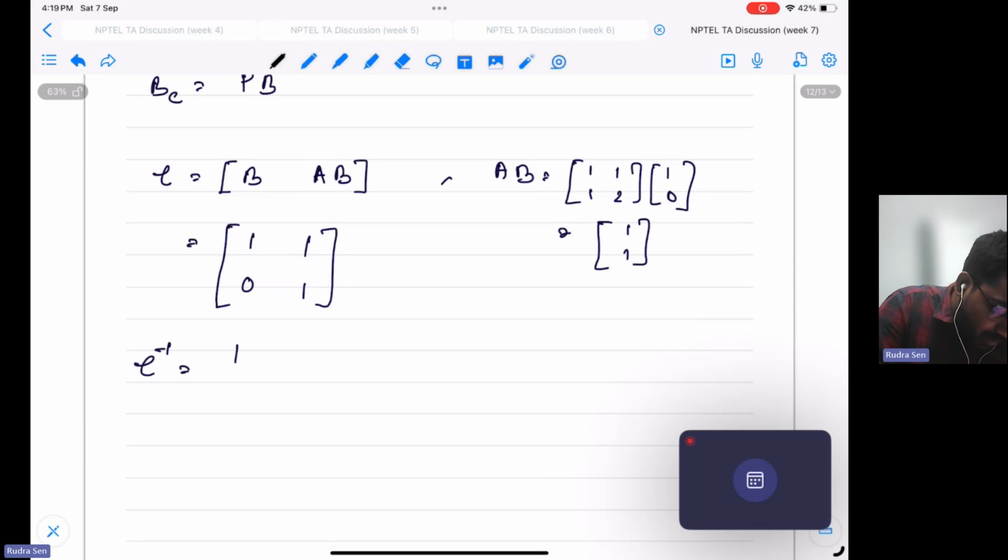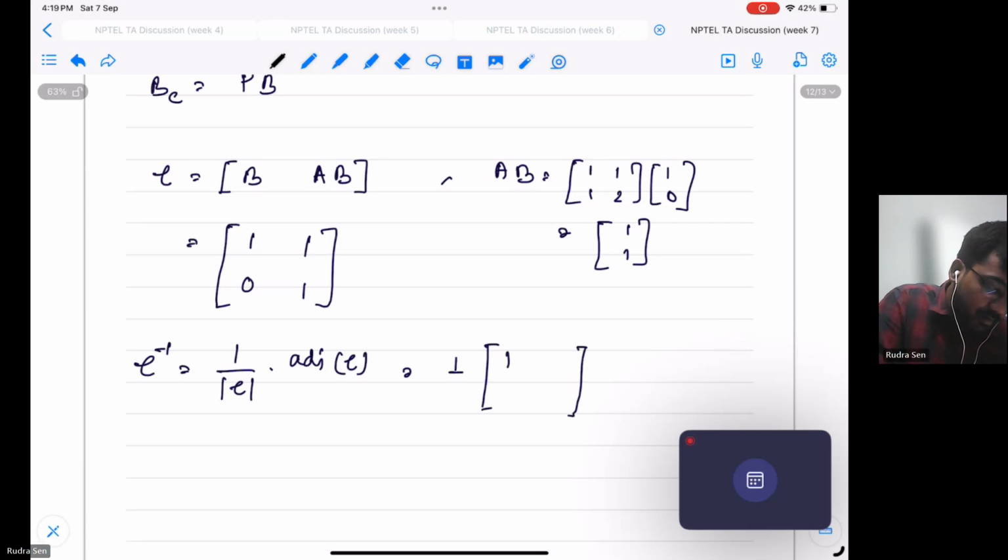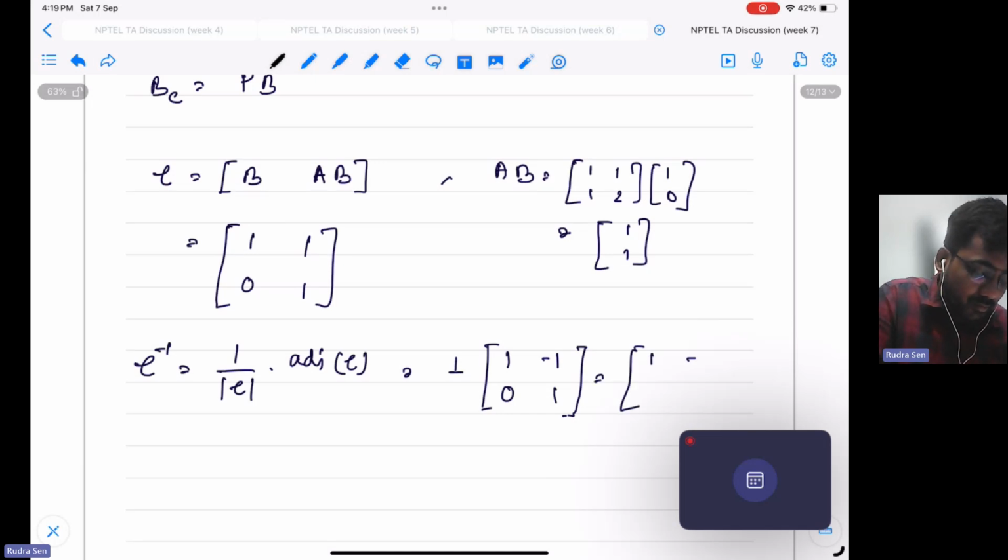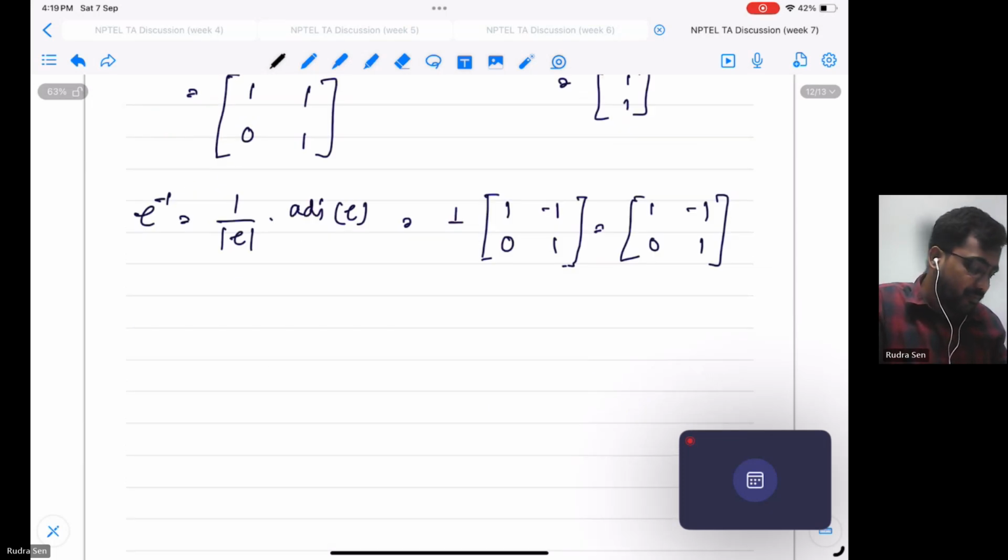C inverse is 1 by determinant of C into adjoint of C. The determinant of C is basically 1, and this is the adjoint of C. So what you will get is [1 -1; 0 1]. Okay, so this is C inverse.